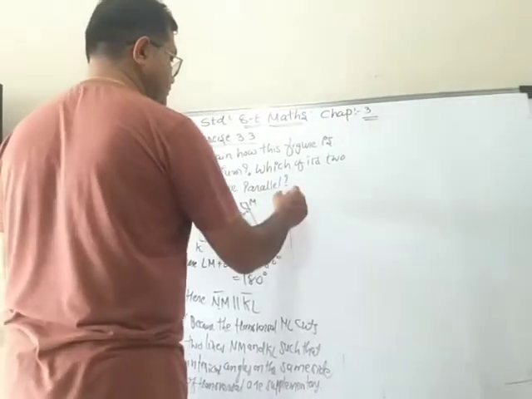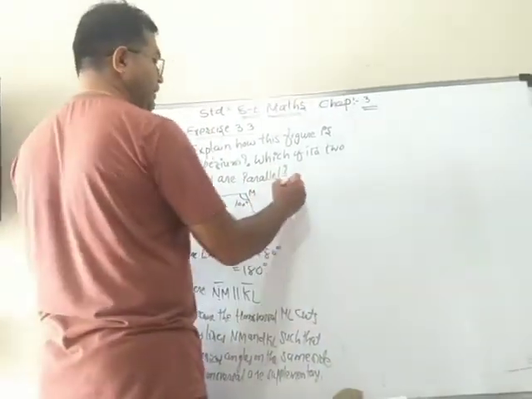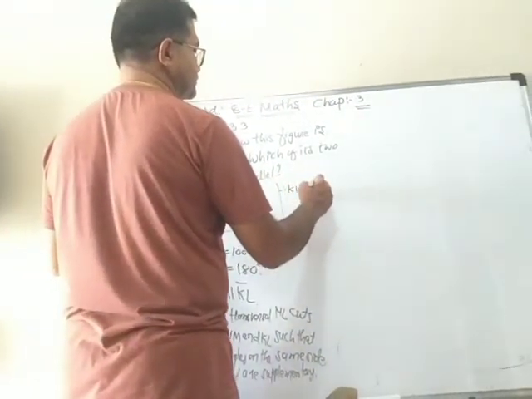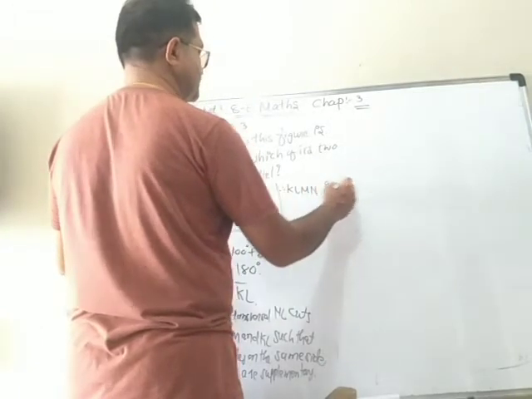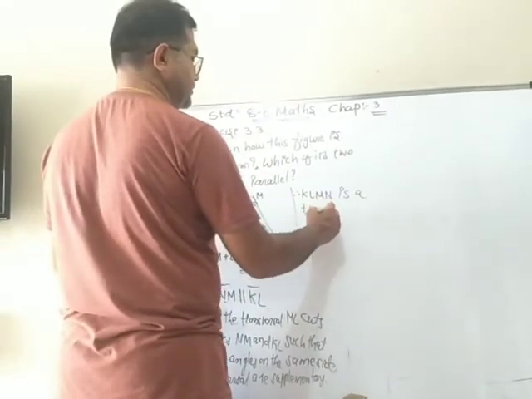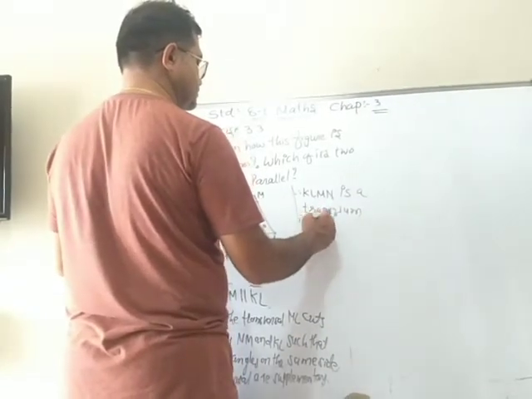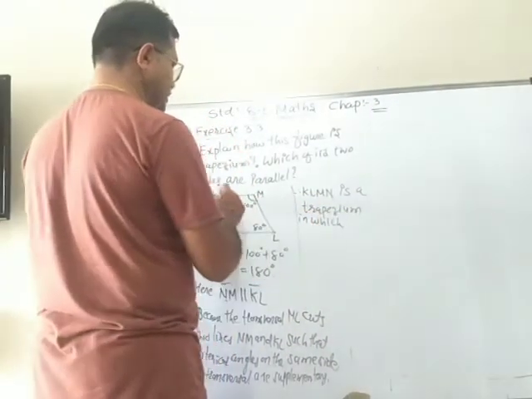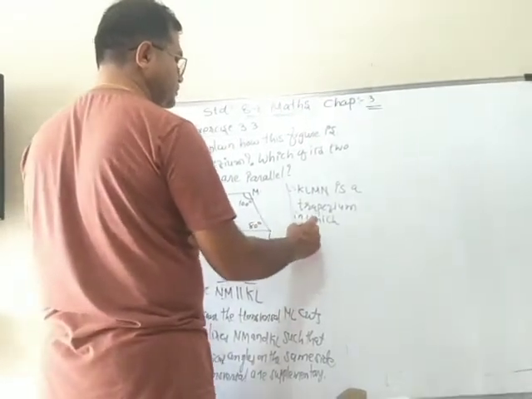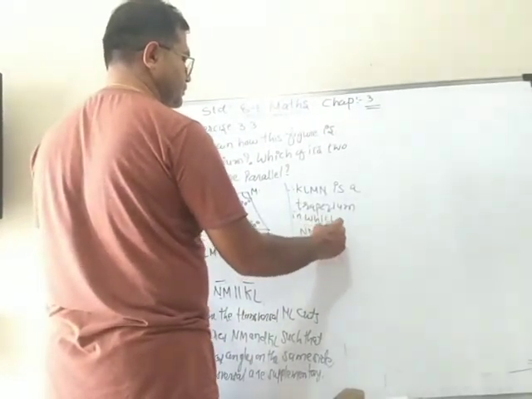Therefore we can write down KLMN is a trapezium in which NM is parallel to KL.